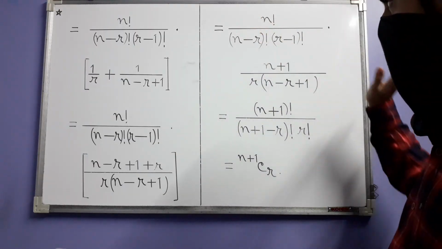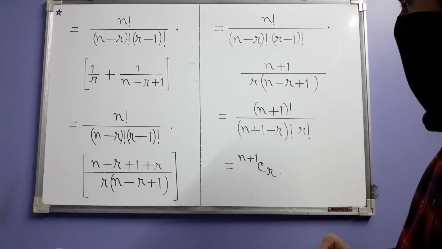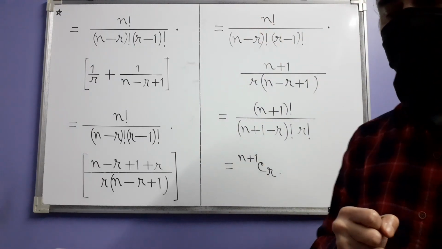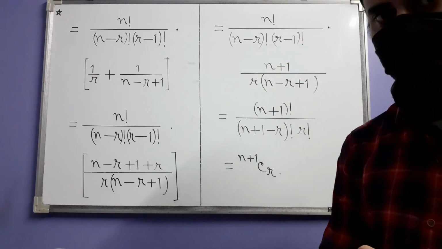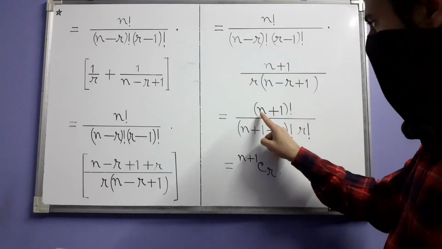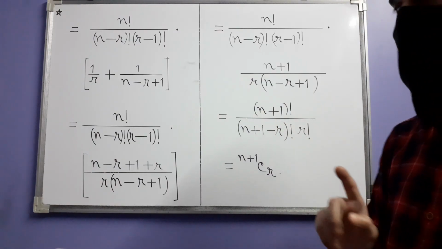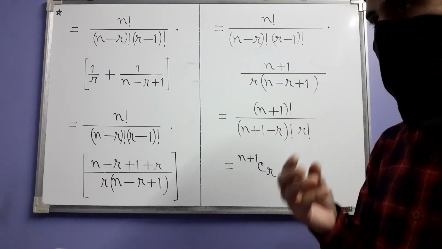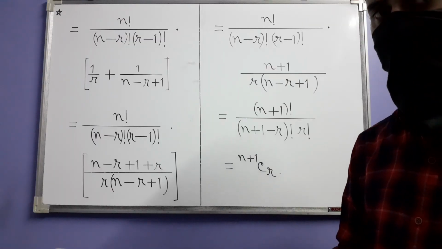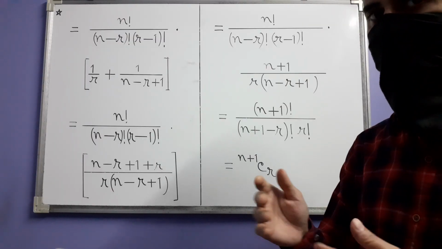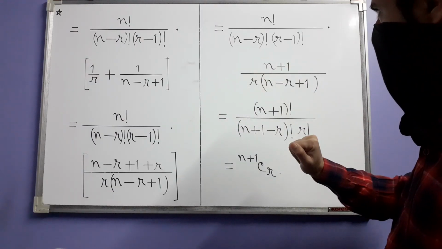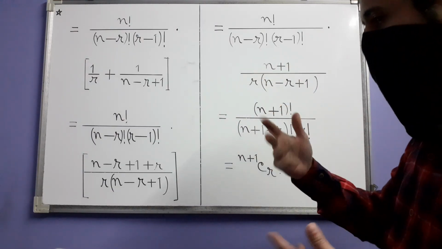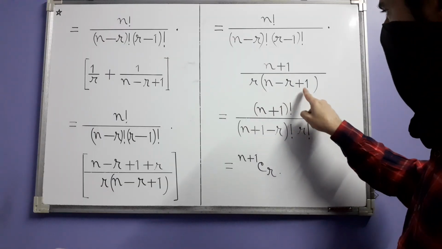Everything else is same. But then you combine things. You have n plus 1 and n factorial in the numerator. They can be combined to write (n plus 1) factorial. In the denominator also you can combine two things. Actually there are 4 things. You combine 2 of them and 2 others. You combine (n minus r) factorial and (n minus r plus 1).